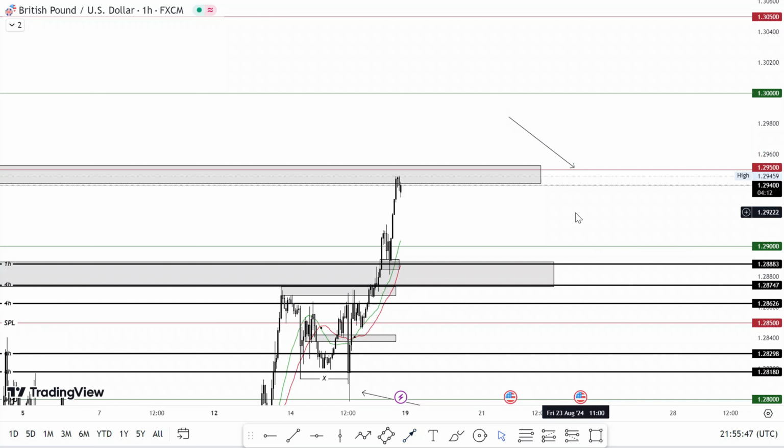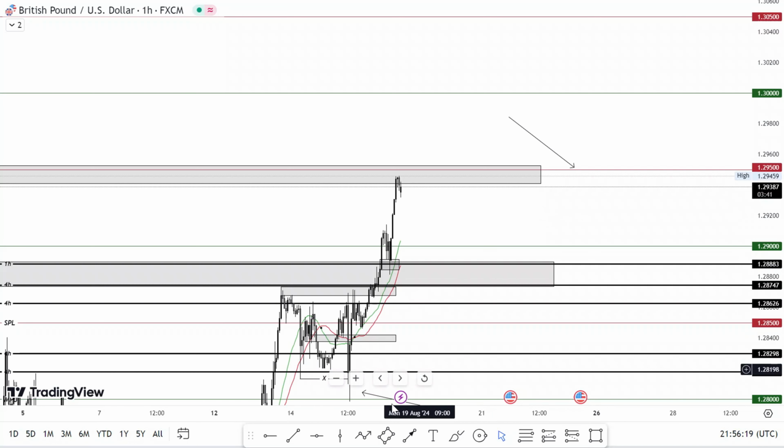Now psychology levels are levels where big institutions and big players in the market are more likely to react because those levels are whole numbers. Like 500, 550, 600, 650, 700, 750, and so on. Those levels are quick to remember. So big players are more likely to react to those levels.